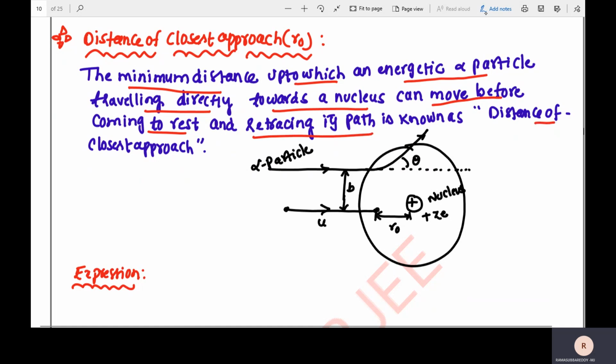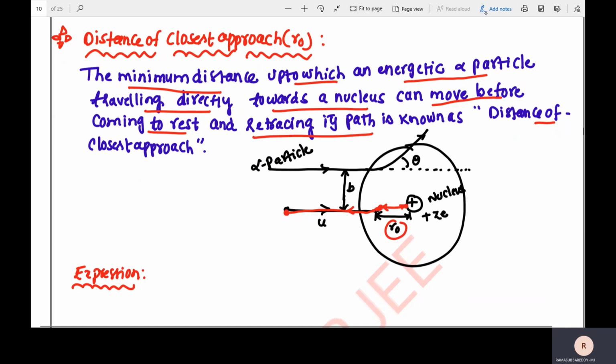This energetic alpha particle is moving towards the nucleus, and before coming to rest, it retraces the path. That minimum distance from the center of the nucleus to here is r naught, the distance of closest approach.